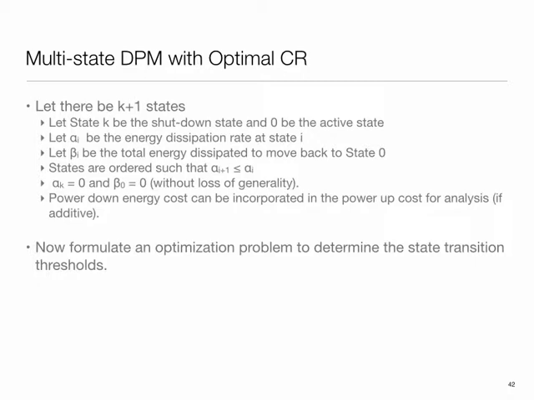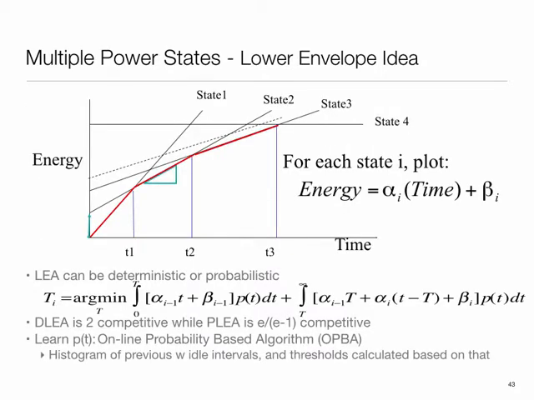When we are in the active state, there is no cost associated. Now if the system were to be in any given state, then the energy it would have consumed over time corresponds to the area under a line where the slope of the line corresponds to the power consumption. So power integrated over time gives us the energy being consumed.